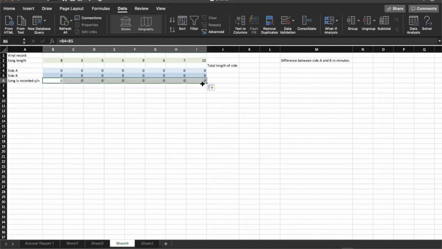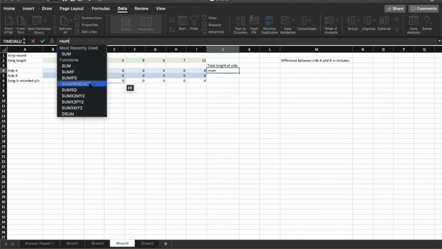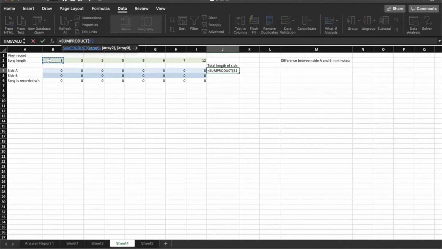So now, as you can see, for song 2 we are still adding the two binaries, if the song was on side A or side B. And to find out the length on each side, we are selecting how long each song is and multiplying by the number of the song.